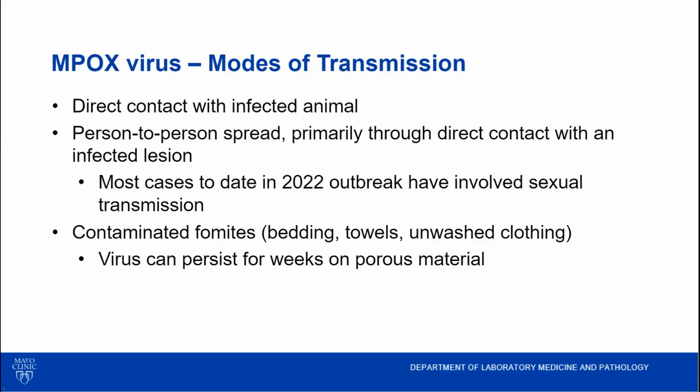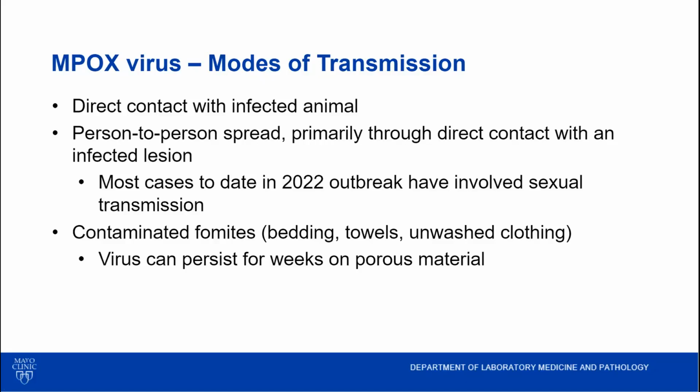There are a few other routes of transmission that are possible. One that we've learned a lot about over the past few months is the possibility that the virus can be spread through contaminated fomites. Fomites are inanimate objects such as bedding, towels, unwashed clothing that, if an uninfected person comes in contact with, can actually cause a transmission event. There have been a number of really nice studies now looking at detection of MPOX virus on fomites.